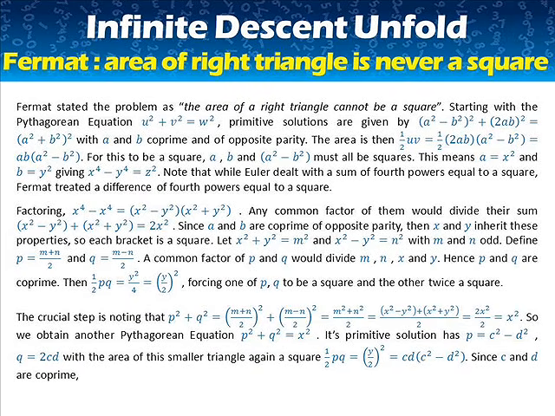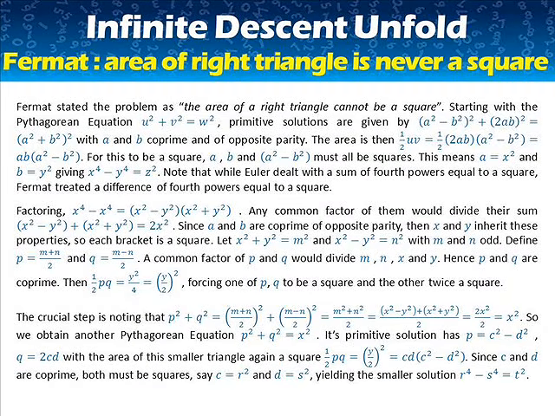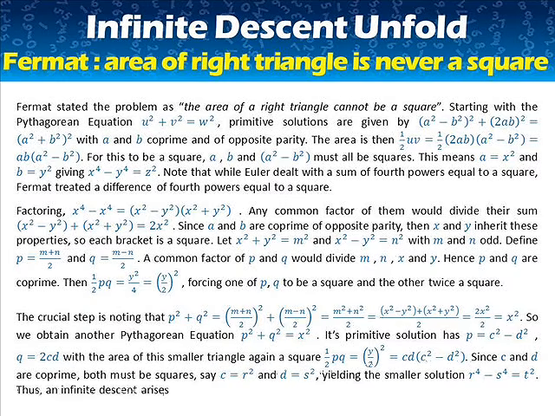Since c and d are co-prime, both must be squares. Say c equals r squared and d equals s squared, yielding the smaller solution r raised to the fourth power minus s raised to the fourth power equals t squared. Thus, an infinite descent arises, so the area of a right triangle can never be a perfect square.